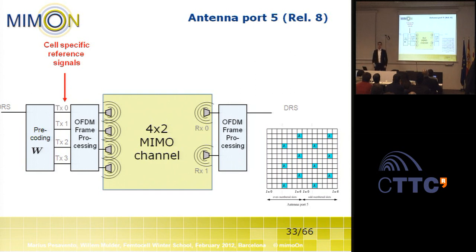So let us take a look at how this non-codebook-based beamforming is supported in LTE. It was first introduced in release 8, where non-codebook-based beamforming was only supported for a single stream sent to users.